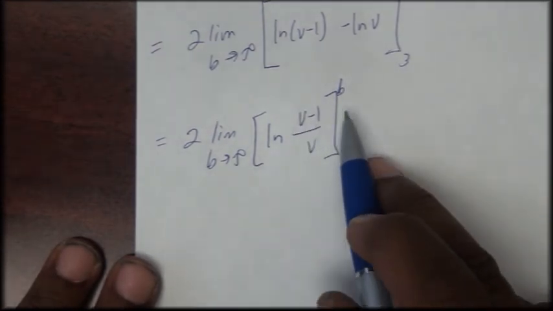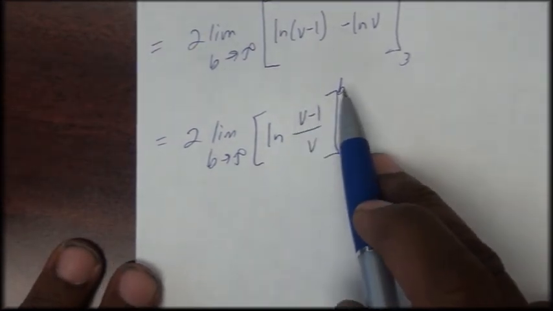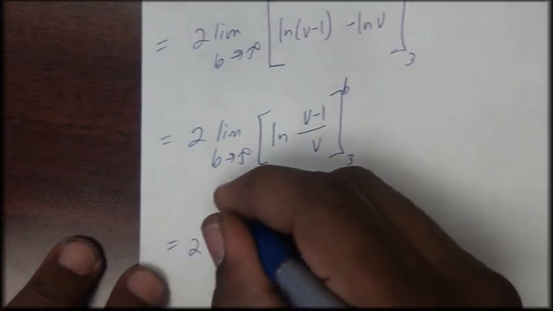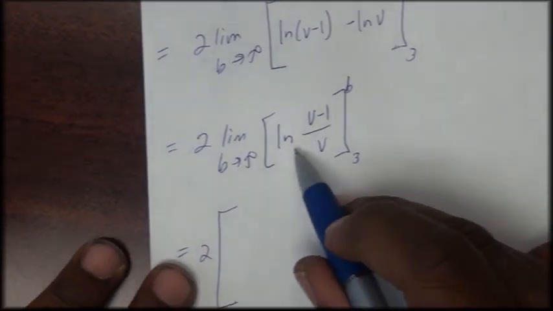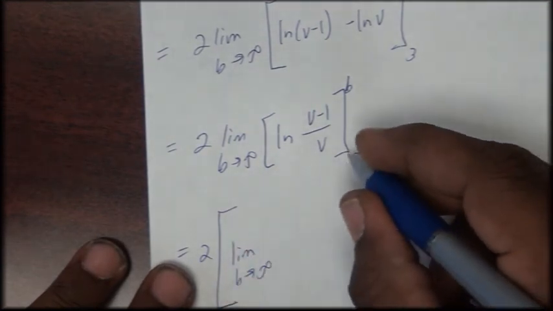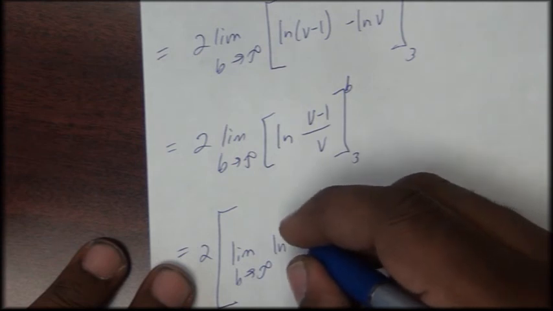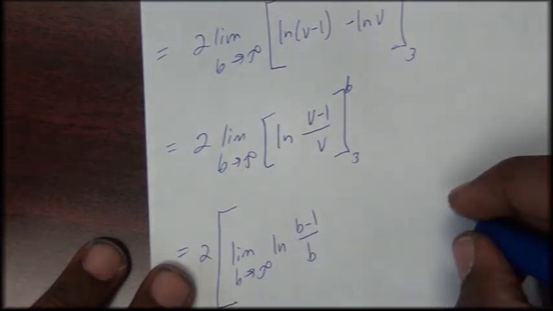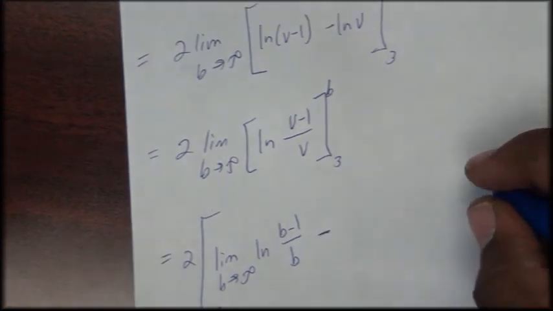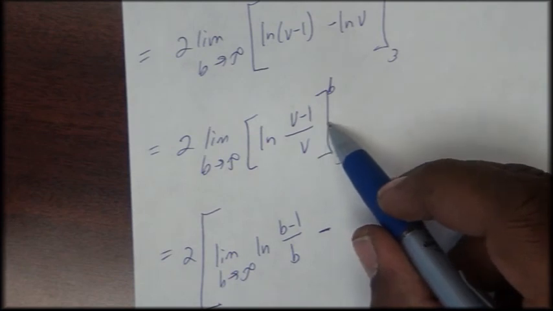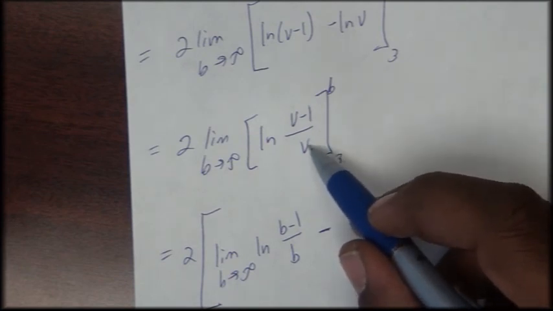Now I'll use the fundamental theorem of calculus. First I'll substitute in b. So I have the limit as b approaches infinity of the natural log of b minus 1 over b, minus, and now I'll substitute in 3. So 3 minus 1 is 2 over 3.